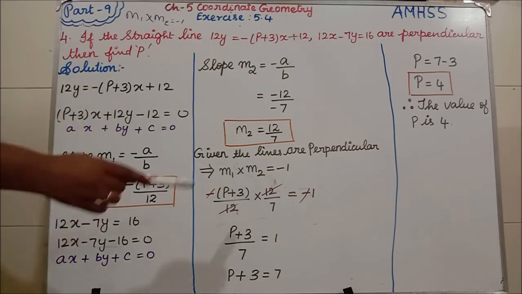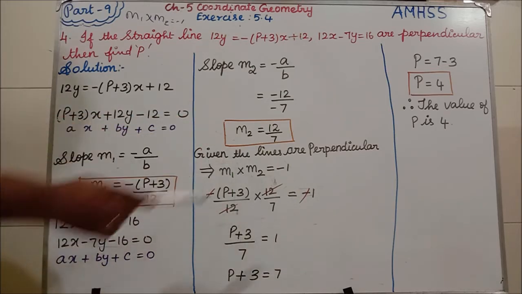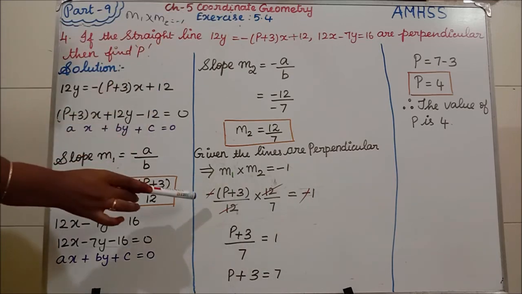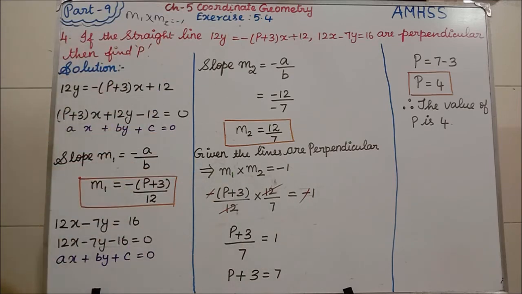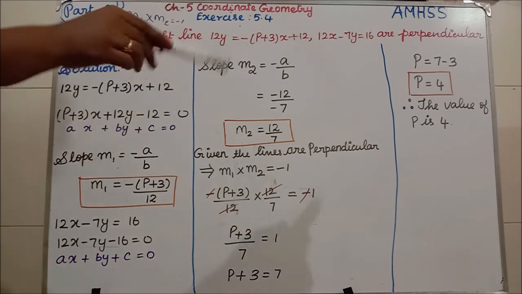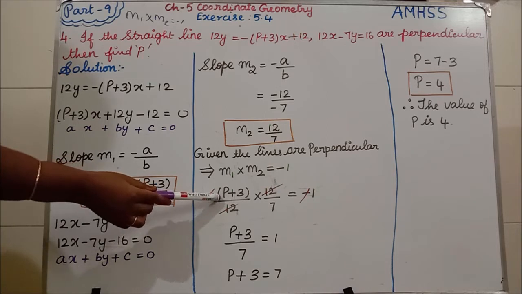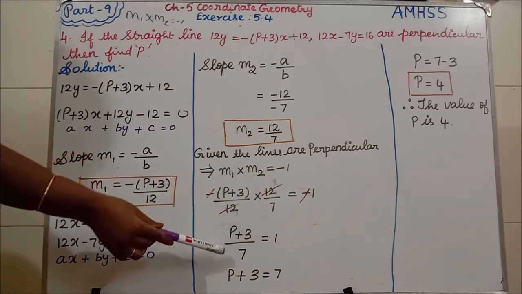Here the denominator is 12 and the numerator is 12, so cancel the 12, 12. On the left hand side and the right hand side we have minus, so cancel the minus also. Then remaining is p plus 3 in the numerator and 7 in the denominator.